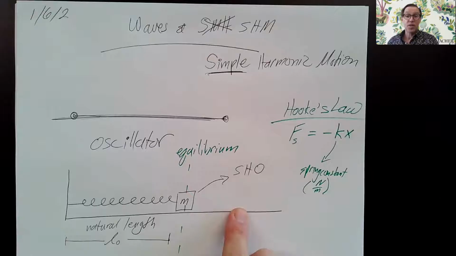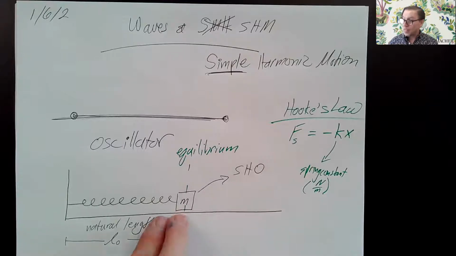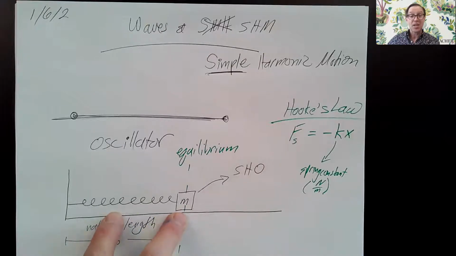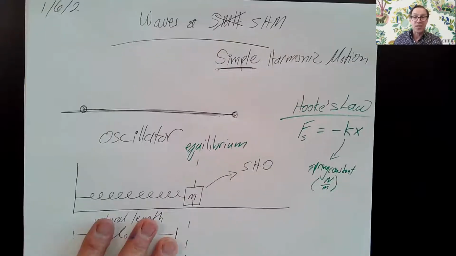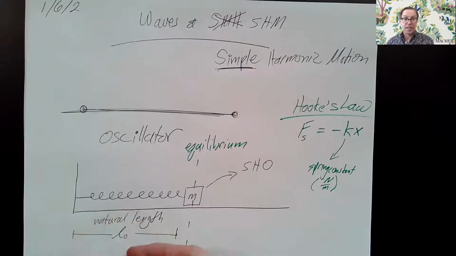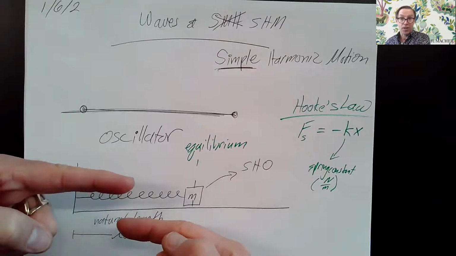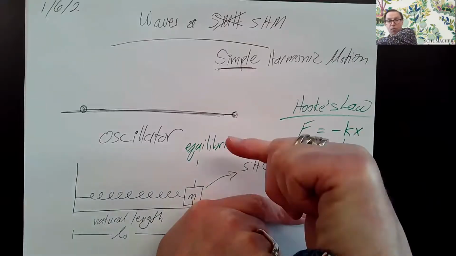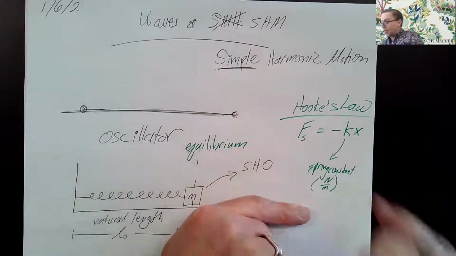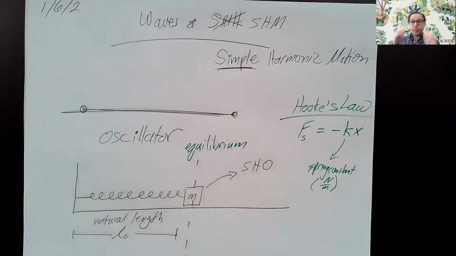F, the force being exerted on the block, is negative. When the displacement is to the right, the force exerted on the block is to the left. When the displacement is to the left, the force exerted on the block is to the right. So the direction of displacement and the direction of the force are opposite. That's what the minus sign means.